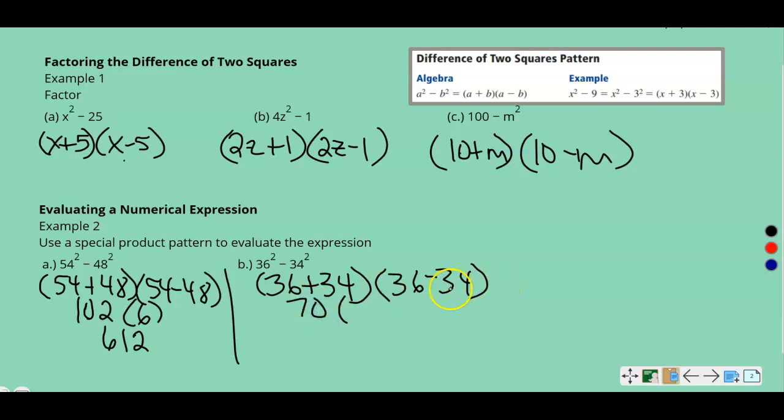And 36 minus 34 is 2. And then 7 times 2 is 14, so just add the 0, 140. Again, this helps you calculate large numbers a little bit easier. The main thing is recognizing that you have a difference of two squares so that you can write it in this pattern and calculate it quickly.